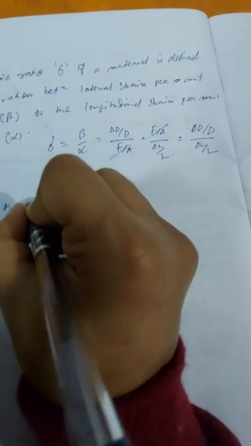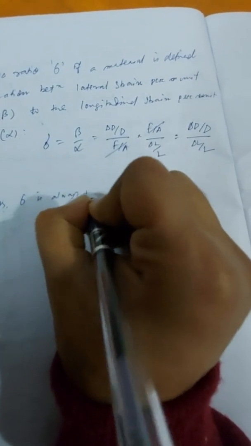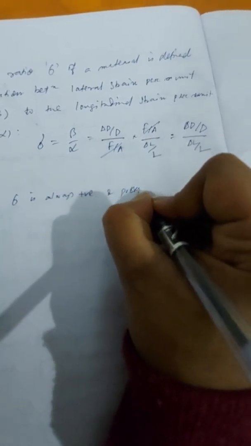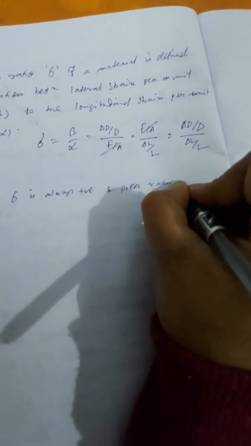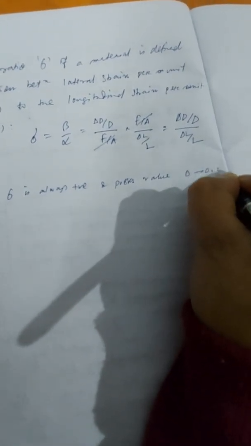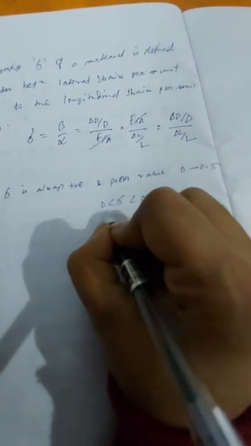Sigma is always positive and possesses a value between 0 and 0.5.